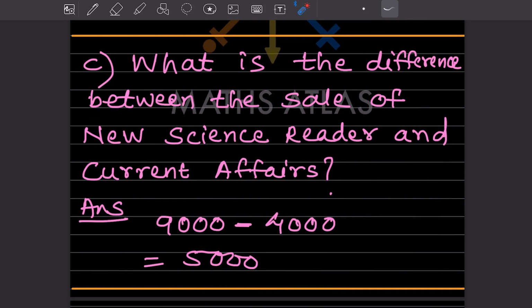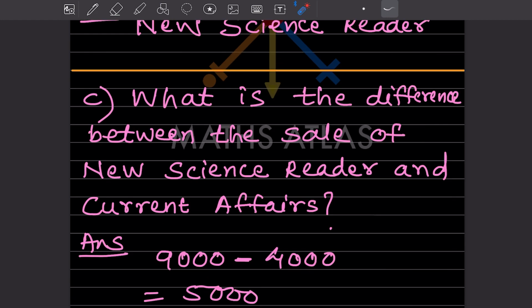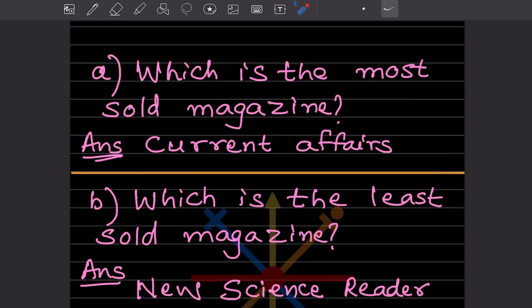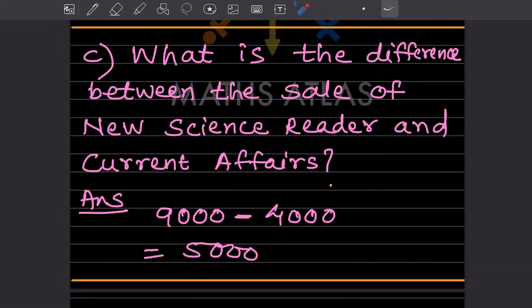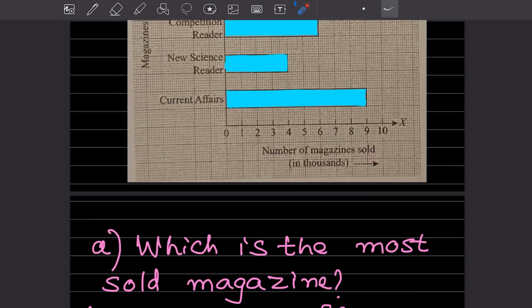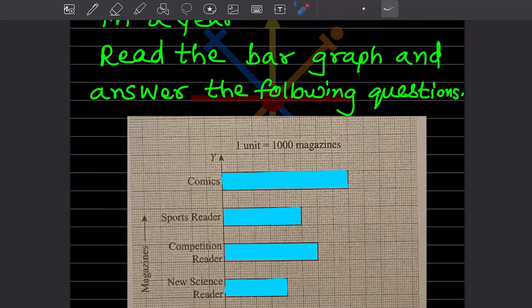So what is the difference between the sale of New Science Reader and Current Affairs? So New Science Reader is how much? This is 4, and the Current Affairs is, so see here, because this 1 unit is taken as 1,000, okay?